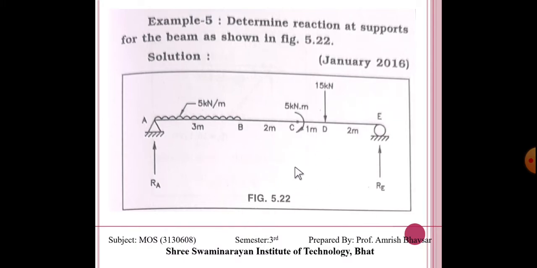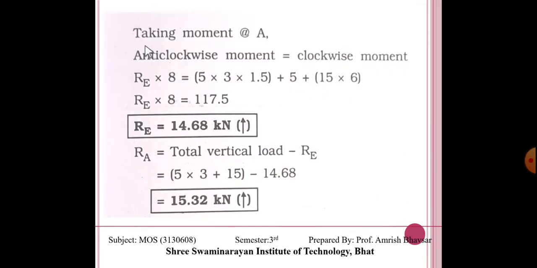We have the conditions sigma M = 0, sigma V = 0 and sigma H = 0. First of all, we have to convert this UDL into a point load. It is 5 into 3 and it acts at the center of this 3 meter. Okay, so let's start.